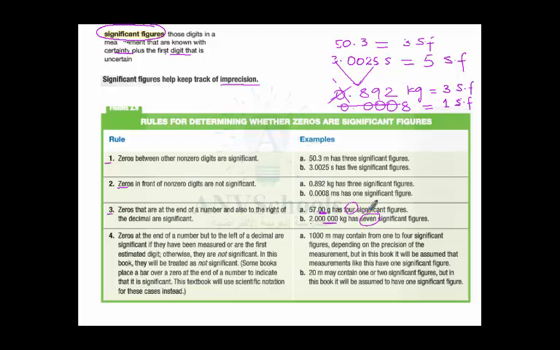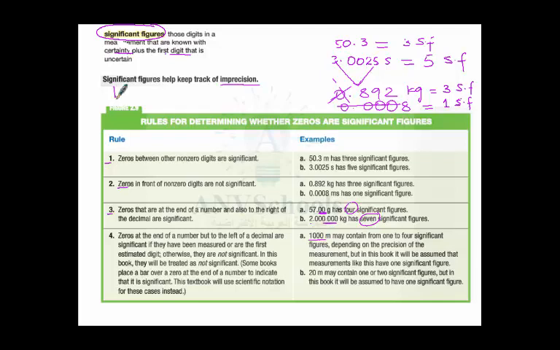The last rule: for numbers which are written in this form, we cannot say exactly how many significant figures they have. They can have 1 or 2 or 3. Let me show you.